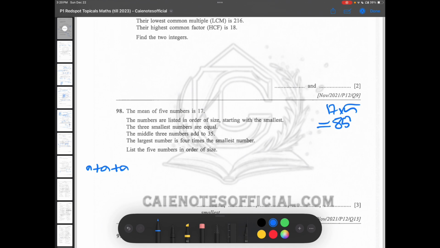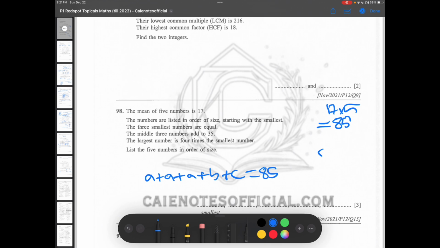Then we will have another number b, and the last one c, which is equal to 85.